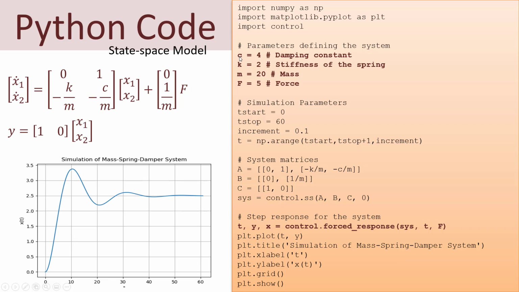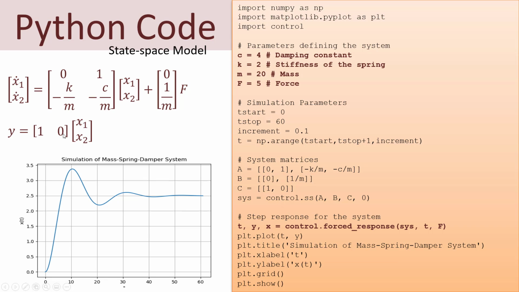I define, as in the previous example, this damping constant, the stiffness of the spring k, the mass, and a force. And I also want to simulate it in the same interval from 0 to 60. I start to define these matrices A, B, and also in this case a C matrix. I just set the C matrix to 1, 0.